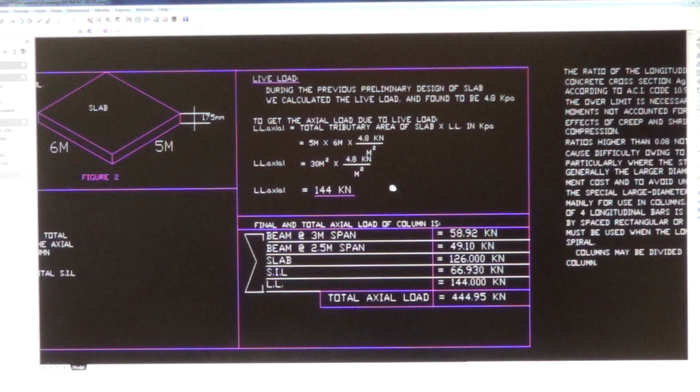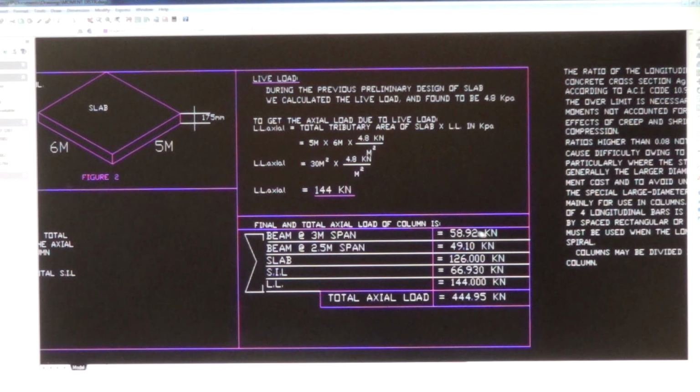Okay, now we solved everything: the beams, the slab, and the live loads. Now let's go to the final and total axial load of the column, which is the summation of all these loads here. The beam at 3 meter span, the beam at 2.5 span, the slab, SIL, live load.